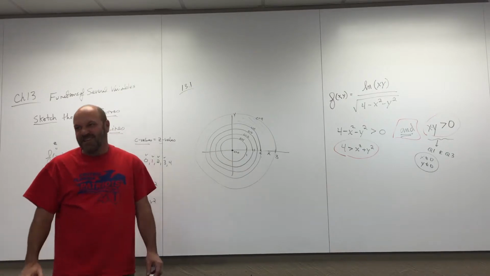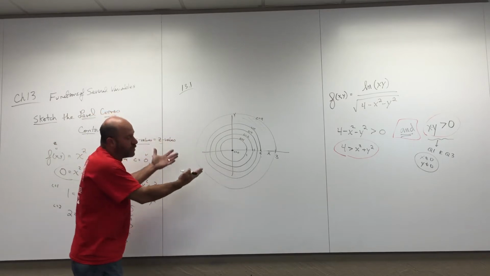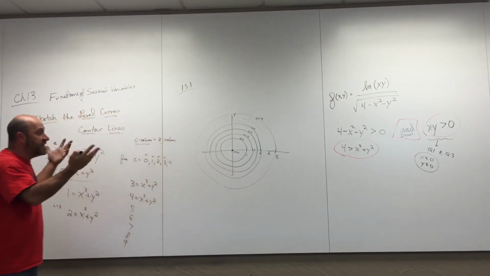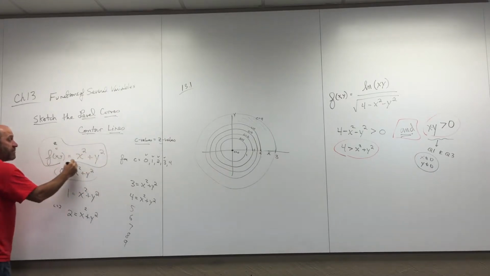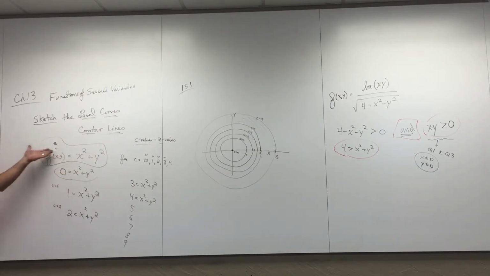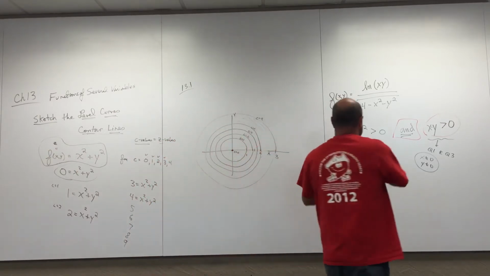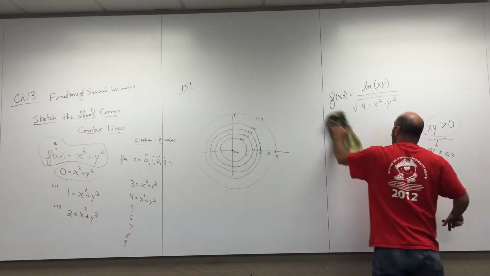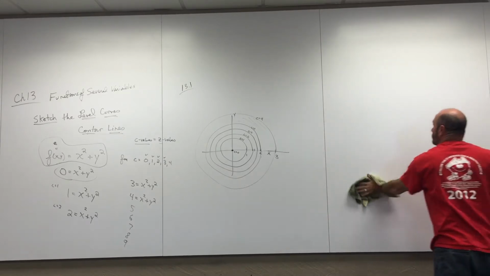See, it's hard to tell on this picture. But this is a picture of the contour lines of a three-dimensional surface. Here's your three-dimensional surface. This is a very basic one that we study. Do you know what it is and what it looks like? No, not quite a cone. Close. A cone's cousin.